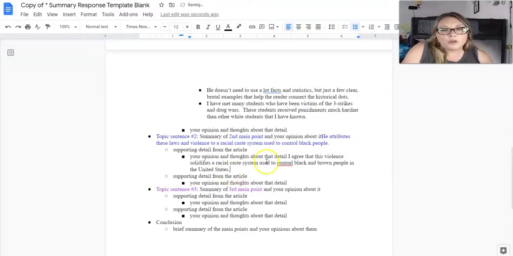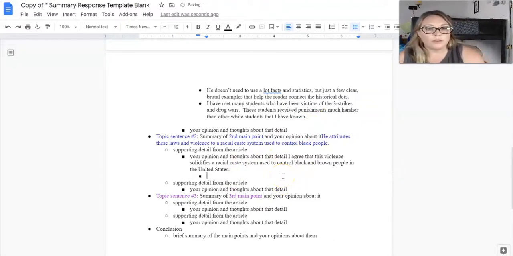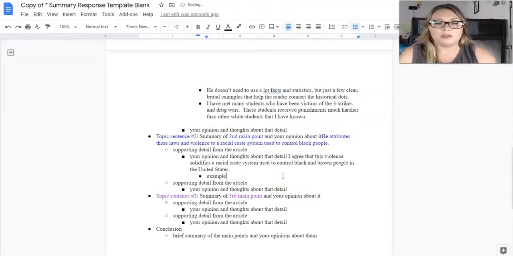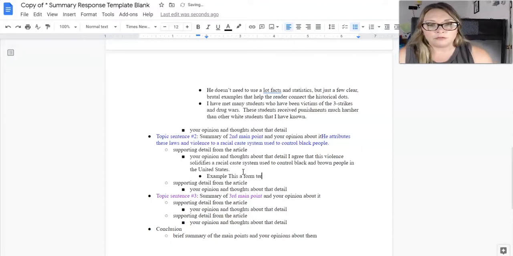And then I would give an example from what I have seen. Let's see. My example might be that this is a form of terrorism that still exists today.